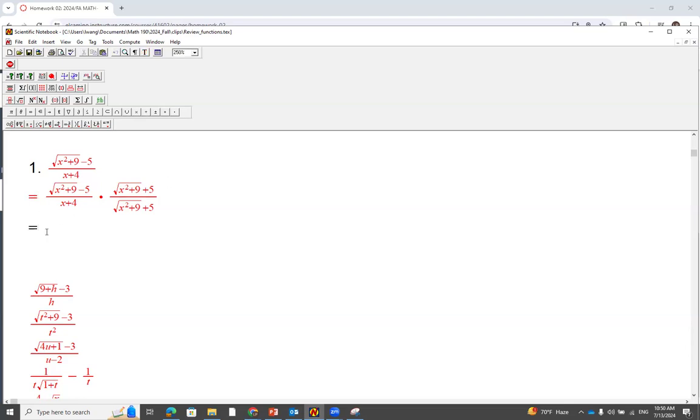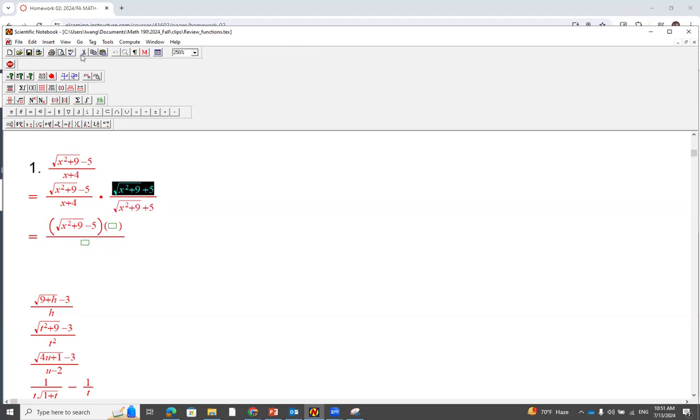And the next step, we're going to take the numerator times the numerator, denominator times denominator. Okay, so in the denominator we have x plus 4. We're going to put it in parentheses.